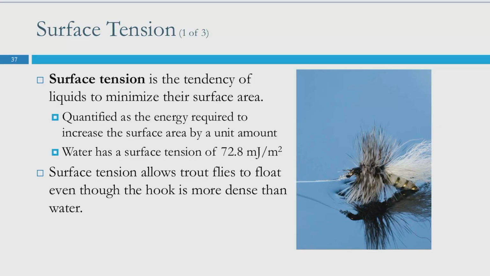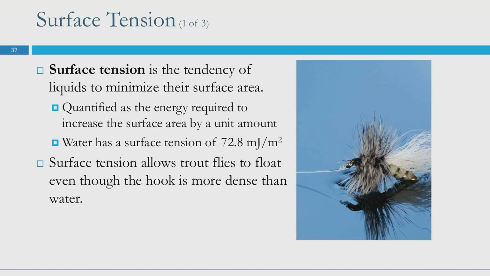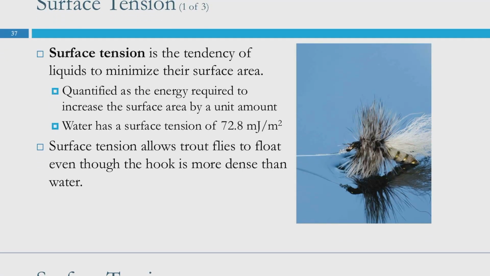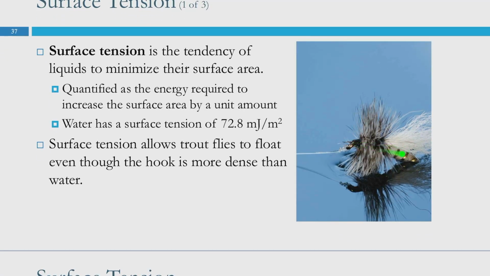It's not very large. It has to do with the surface of the liquid. So water has really high surface tension, and so you can float things like this trout fly on the surface of water.